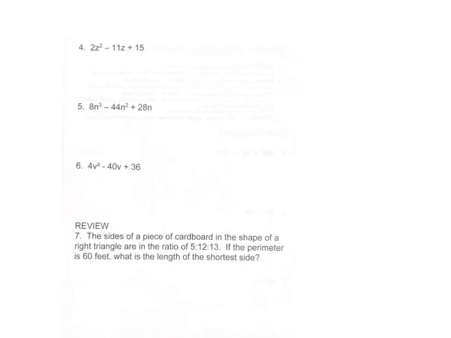Let me move this up a little bit so you can see all of this. All right. So on this first one, can you factor anything out? No. So we're going to do 2 times 15. So we have z squared minus 11z plus 15. So, plus 30.